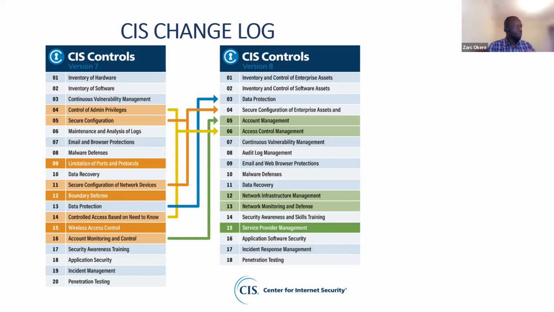Things like data protection have moved from control 13 in version 7 to control 3, because we can see that people are moving towards data. Secure configuration of network devices moved from number 11 to number 4. When we ask ourselves why, it's because these are some of the important things that needed to be taken into control.